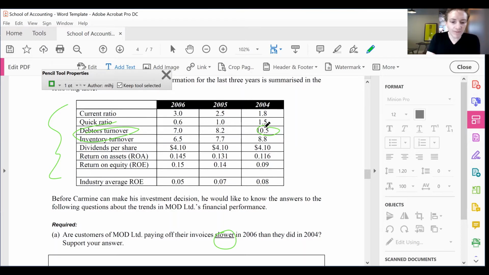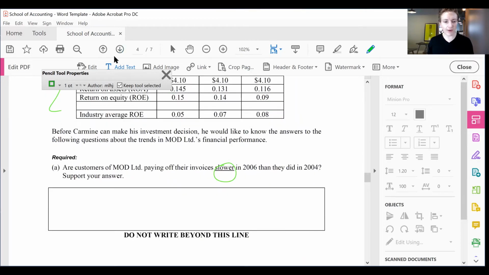By contrast, in 2006, your debtors turnover is 7. So it's probably taking you a bit over 40 days or thereabouts to get your money back from your receivables. What that tells you is it's taking you longer to get your money back from your customers. So let's have a look at how we might reflect this in an answer. We could perhaps say that it's slower.